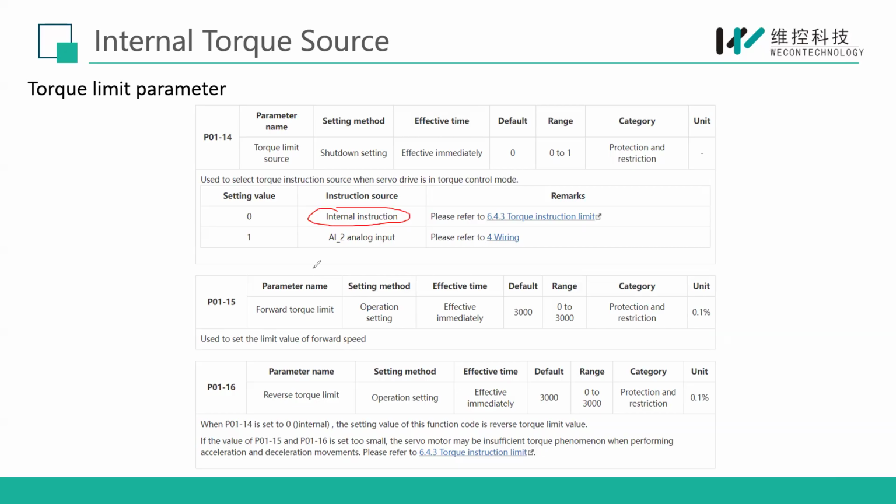If we select the internal instruction, then we need to use the forward torque limit and reverse torque limit to set the torque. The unit is also 0.1%. 100%, yes.